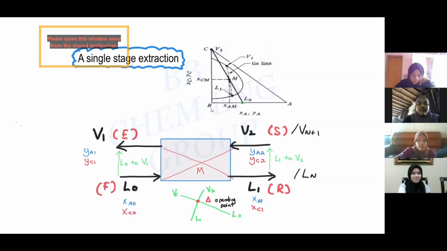My graph here is small, so it may not fit. That is the line L0 to V1. And then L1 to V2. You just connect the line L1 to V2.